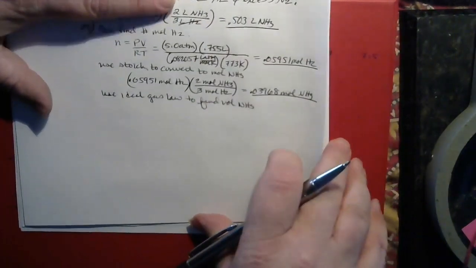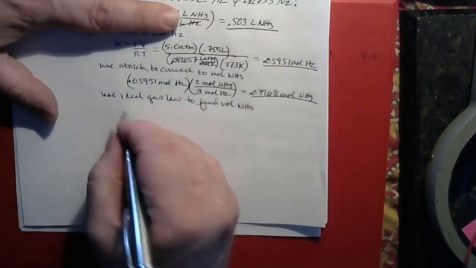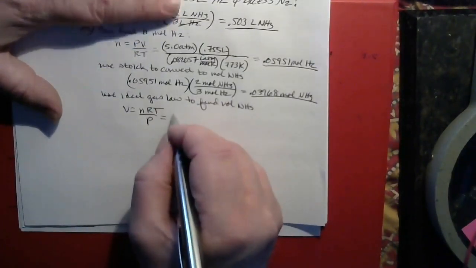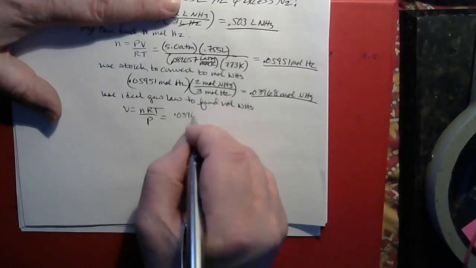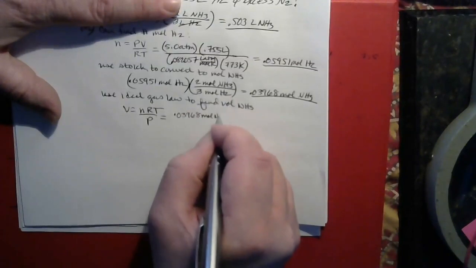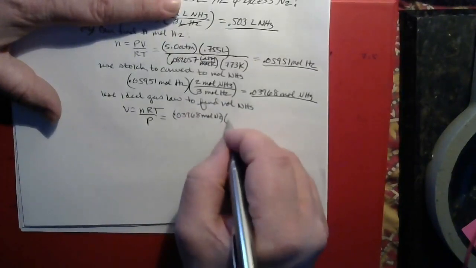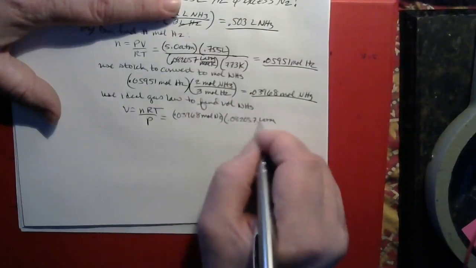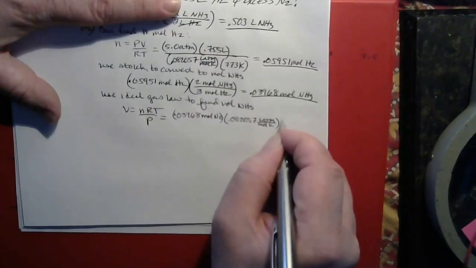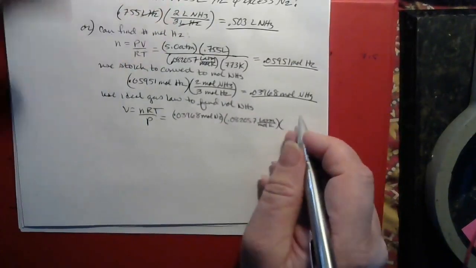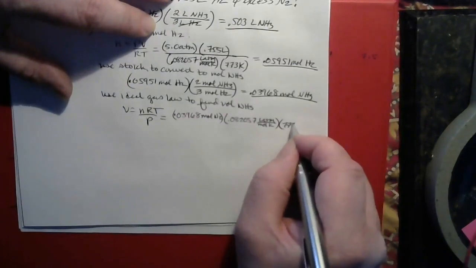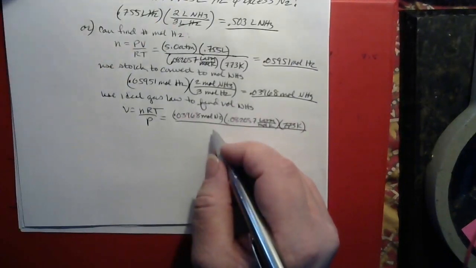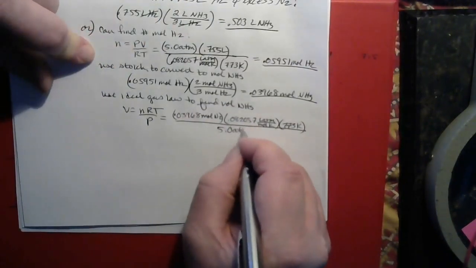And then you can use the ideal gas law to find the volume of ammonia. V equals nRT over P. So n would be number of moles, 0.03968 moles of NH3. R is 0.082057 liter atmospheres over mole Kelvins. And T is temperature, which hasn't changed, so that's still 773 K, all over pressure, which is 5.0 atmospheres.